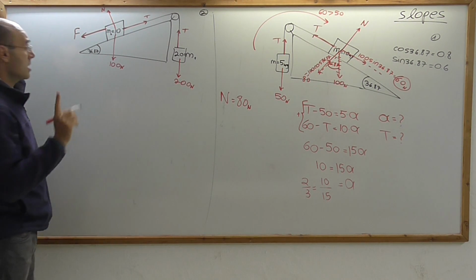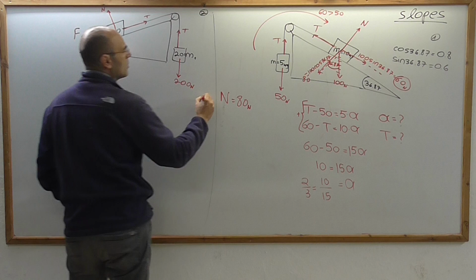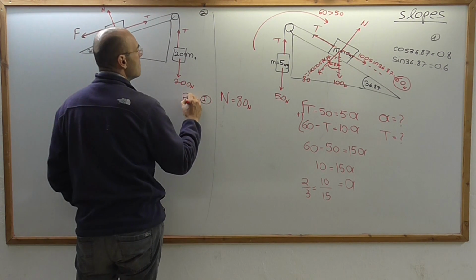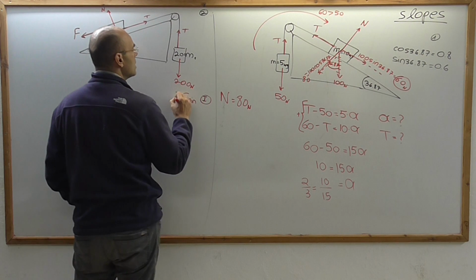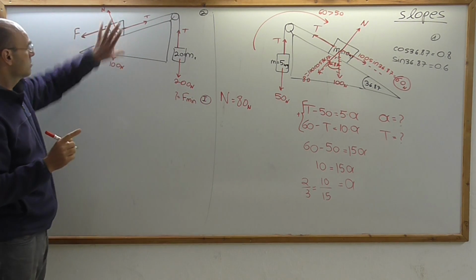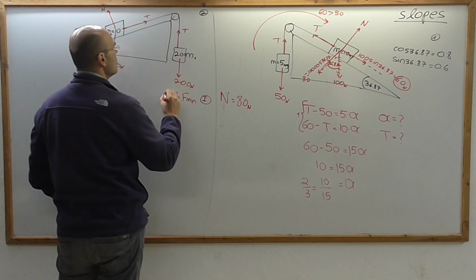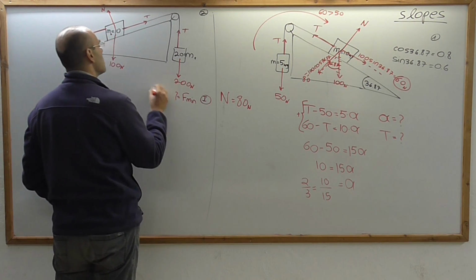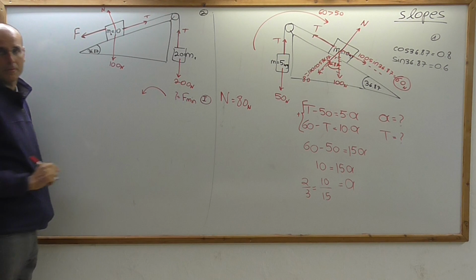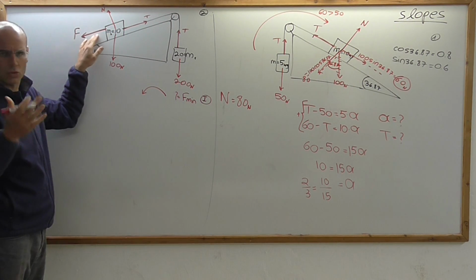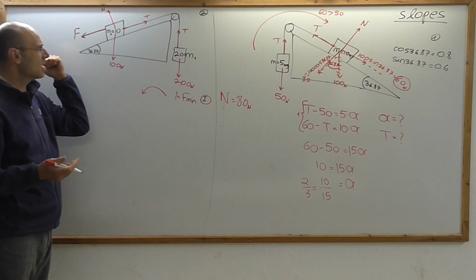The first question: I want to know what must be F minimum in order for this system to go that way. F minimum so that the system will accelerate that way. Obviously, if it will be 1 million newtons, it will go that way.